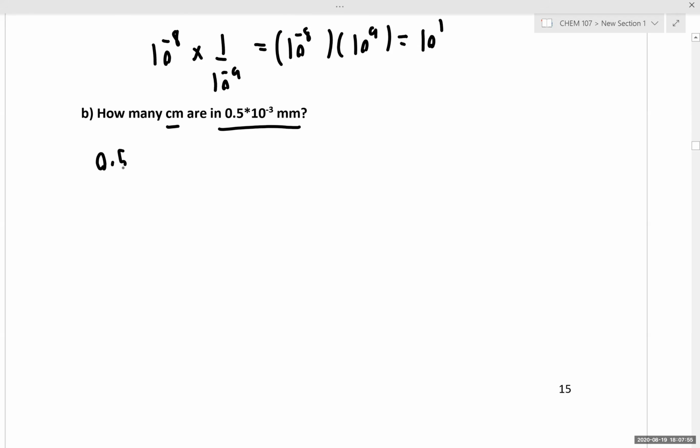So I'm starting off with 0.5 times 10 to the negative third millimeters, and I want to get to centimeters. So what base unit am I going to go through? Meters, exactly right.